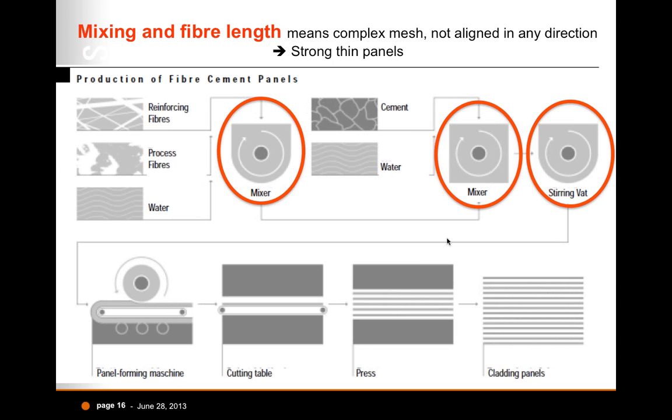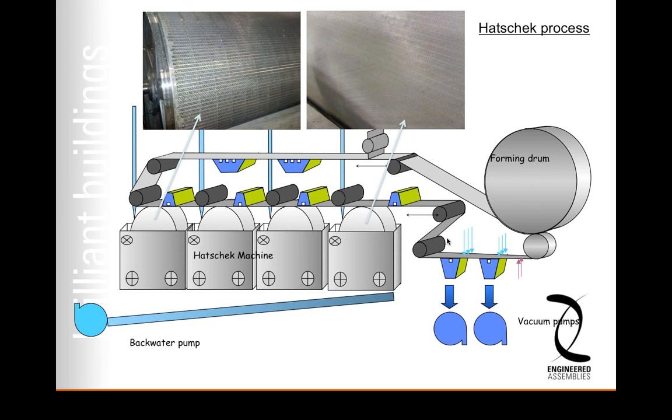That slurry of material enters the panel forming machine, also known as a Hatschek machine, whereby the panel is built up almost like in the paper industry with big rollers, and the strength is built up with that. It is then put under pressure and cured, and you end up with a sheet that's flat, straight, and strong. This machine is called the Hatschek process.